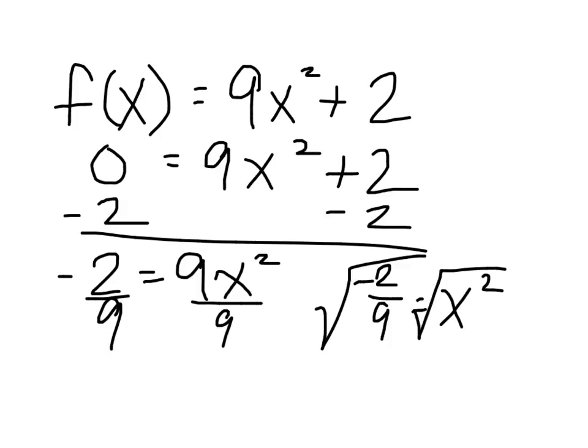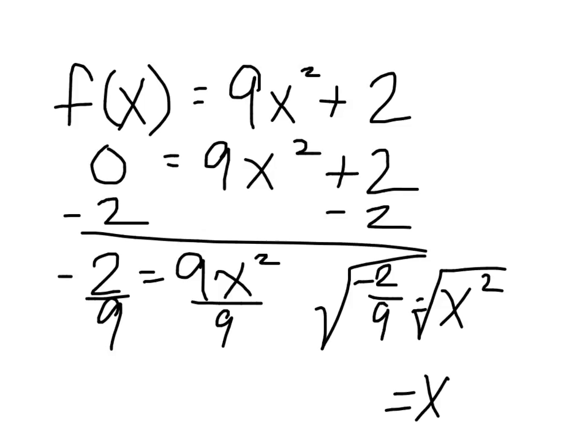Now, here's the catch. Look at what the directions say. Do they say anything about finding the real zeros? Does it say the word real in the problem at all? No, it doesn't. Can you have imaginary zeros or i zeros? Yes, you can. You can have zeros that have i in them.